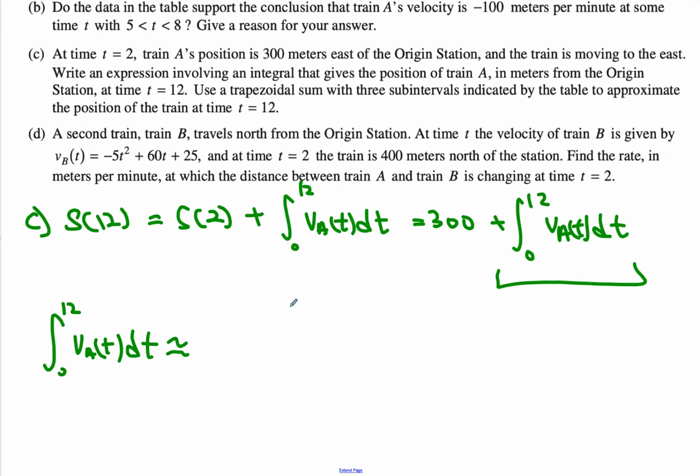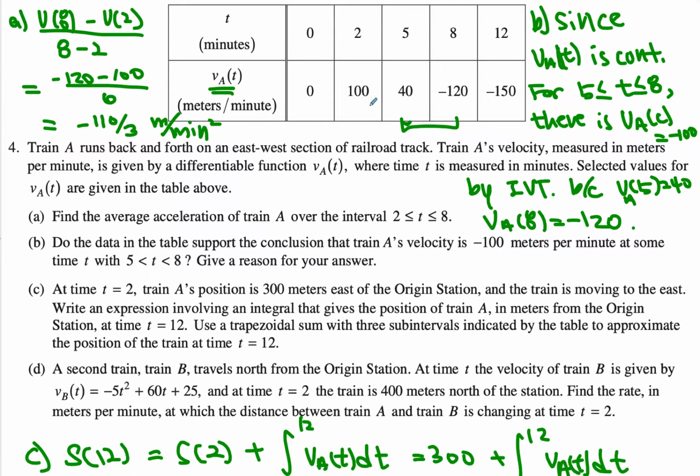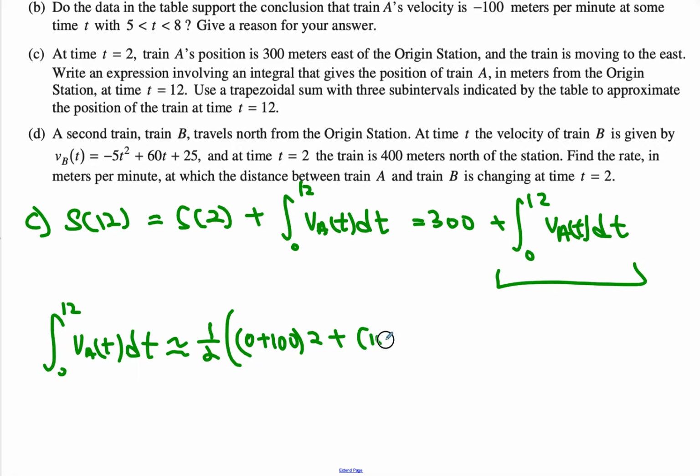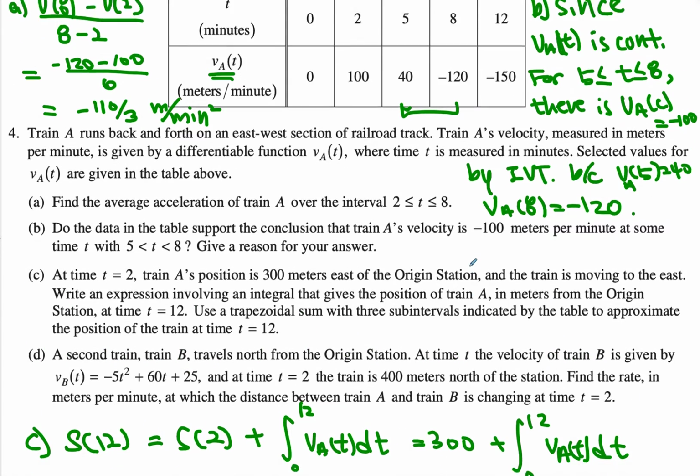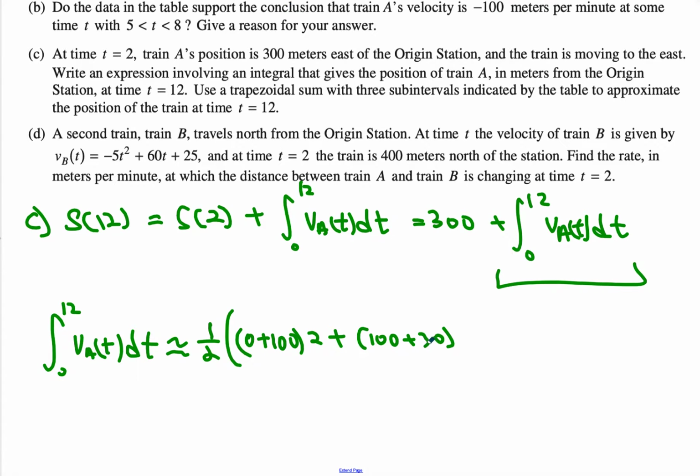So we get one half in the front. The first is 0 plus 100, times 2. The second is 100 plus 140, times 3.